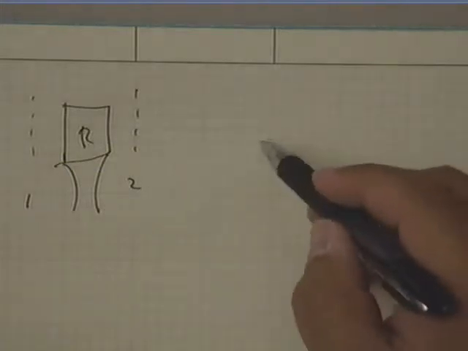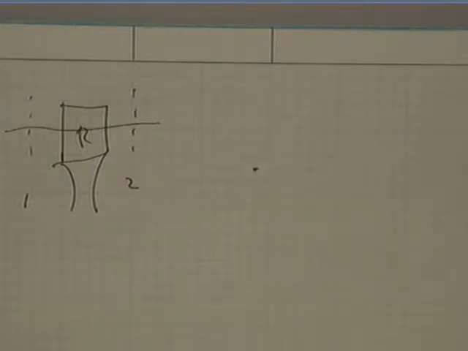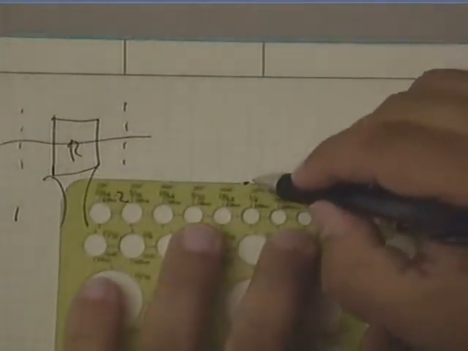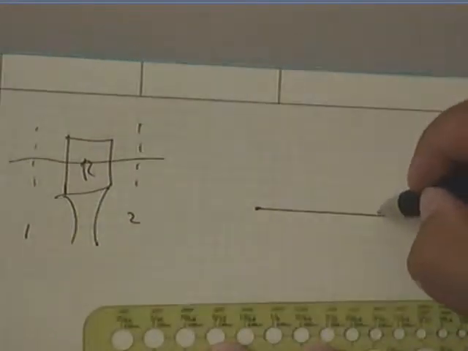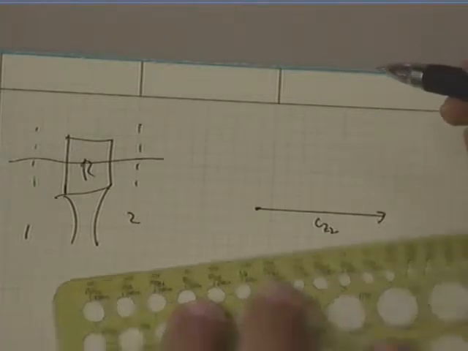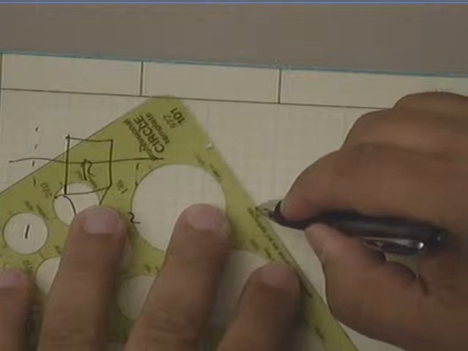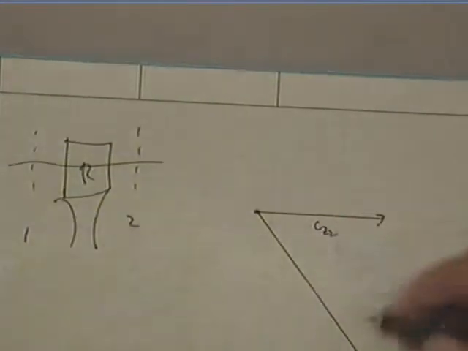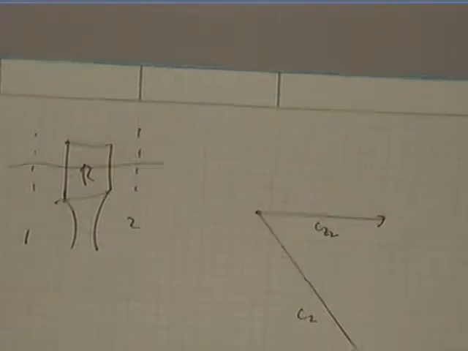At station 2, at some radius, we have some axial velocity, CZ, obviously CZ2. We have some absolute velocity vector C2.